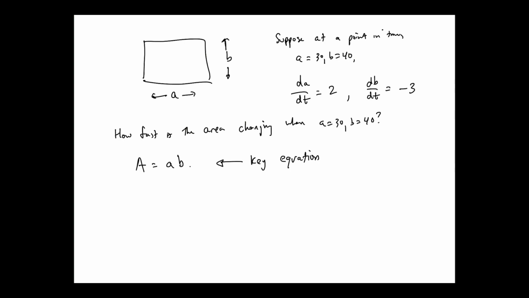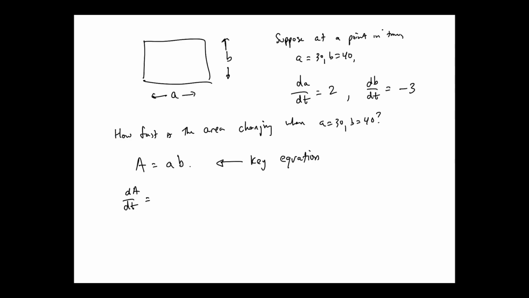Okay, great. Now, I need to take the derivative of this. So I need to take the derivative of both sides, but what's the assumption here on little a and little b? They both are variables that independently depend on time, t.